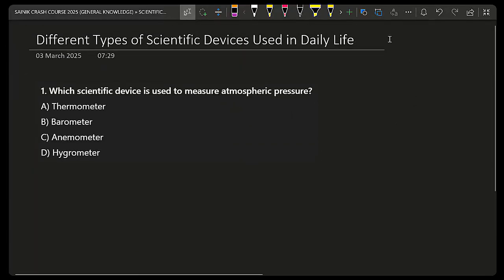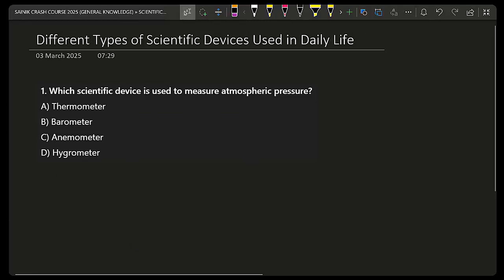Which scientific device is used to measure atmospheric pressure? All of you participate in the poll.